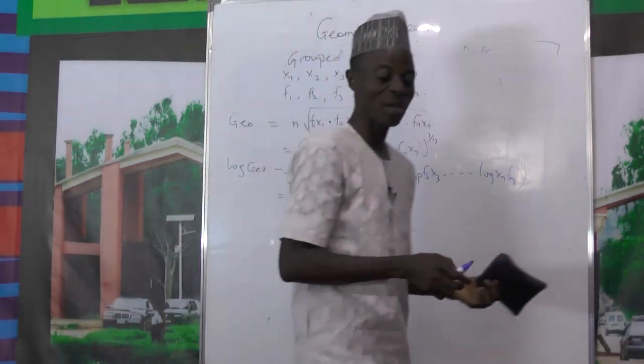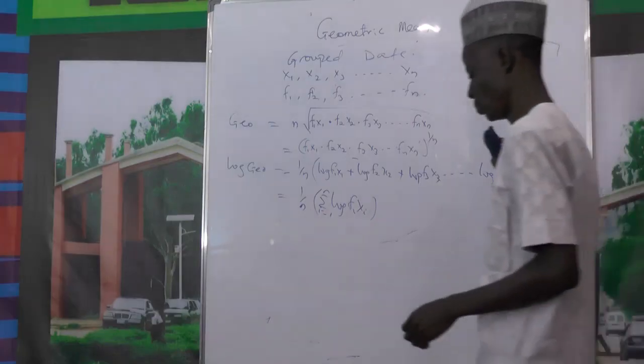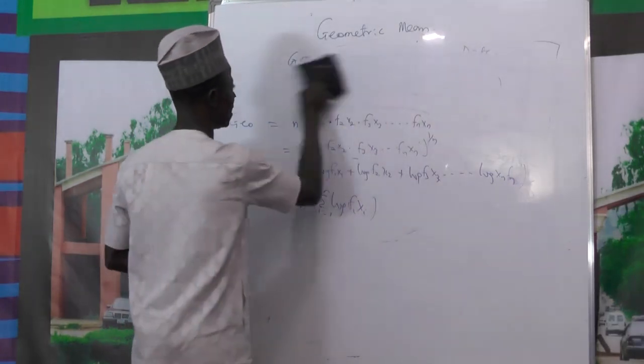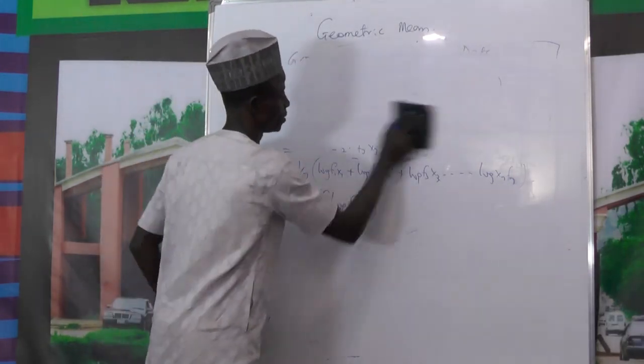So we have another example which says the table below shows the frequency distribution of marks obtained by students in a mathematics test. So we have the mark and we have the frequency.